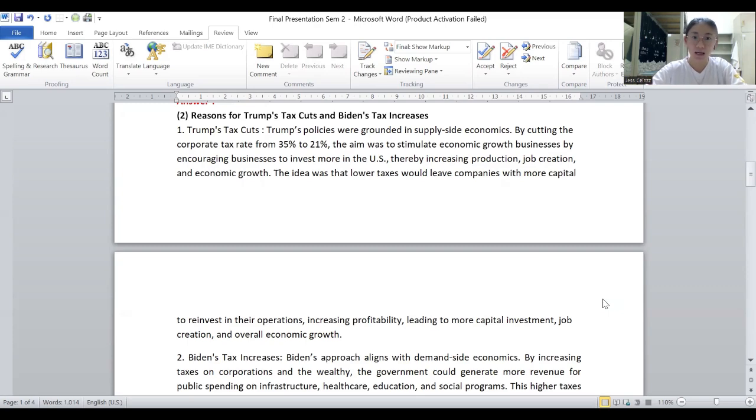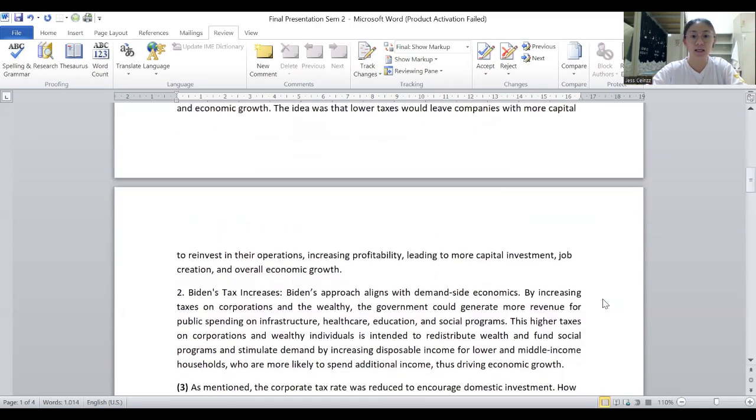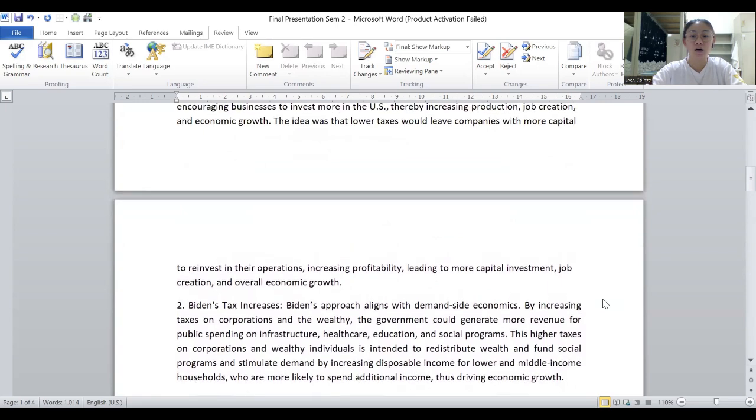While on the other side, Biden's tax increases are an approach that aligns more with demand-side economics. By increasing taxes on corporations and the wealthy, the government could generate more revenue for public spending on infrastructure, healthcare, education, and social programs.